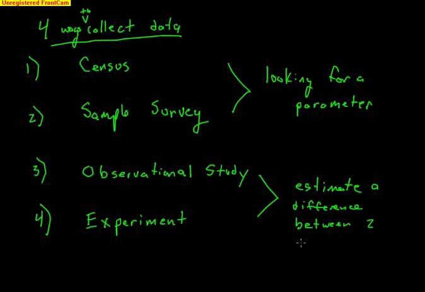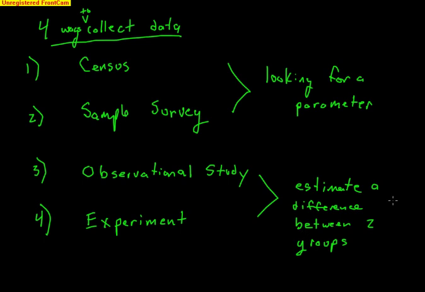Okay, so they're basically trying to look at 2 variables at a time. They're trying to show, is there a relationship between 2 variables? Okay, is there a difference between group 1 and group 2? Or does X affect Y? So that's what these are trying to show. So we're trying to observe with an observational study or an experiment, can one variable affect another? Okay, and we're trying to look at the difference between 2 groups usually with those 2 things.